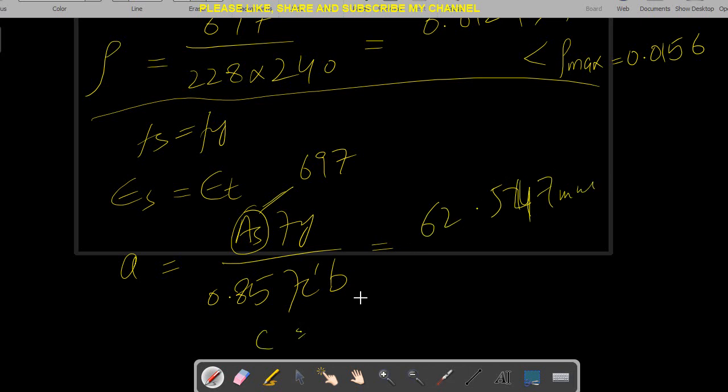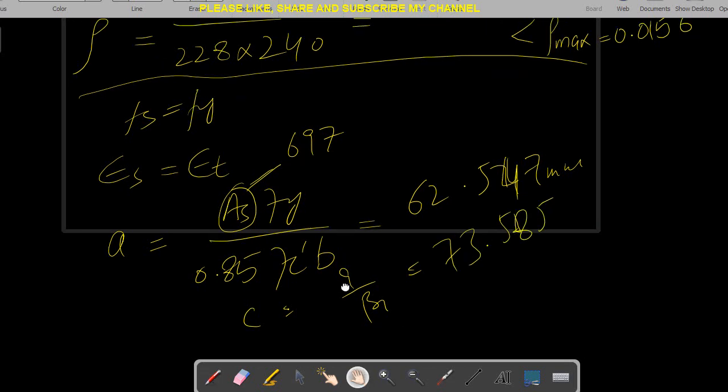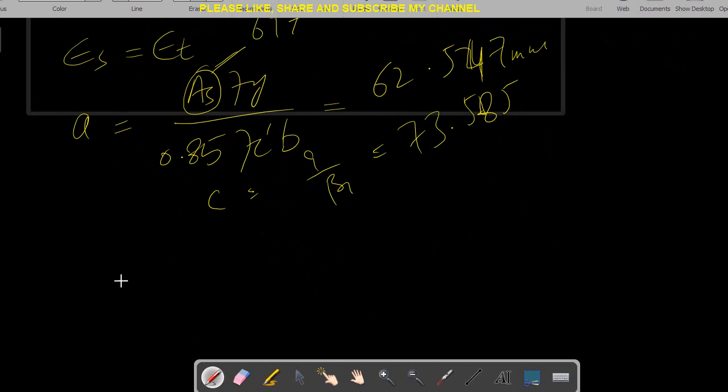And the C value will be A divided by beta 1, 0.85. I divide this, so this is 73.585.